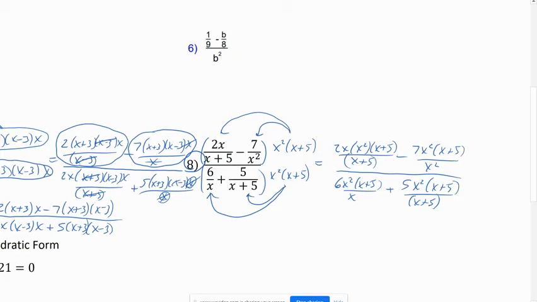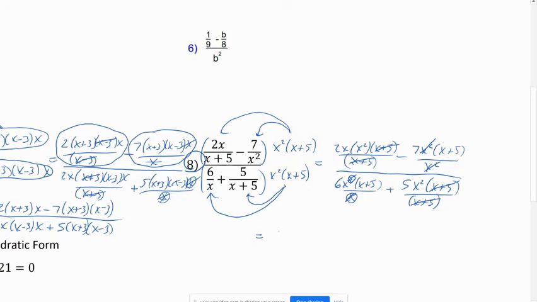Okay, so if we cancel common factors, here the x plus 5's cancel, here the x squareds cancel, here this x cancels with one of these x's, so I'm going to cancel those, and then here the x plus 5's cancel.